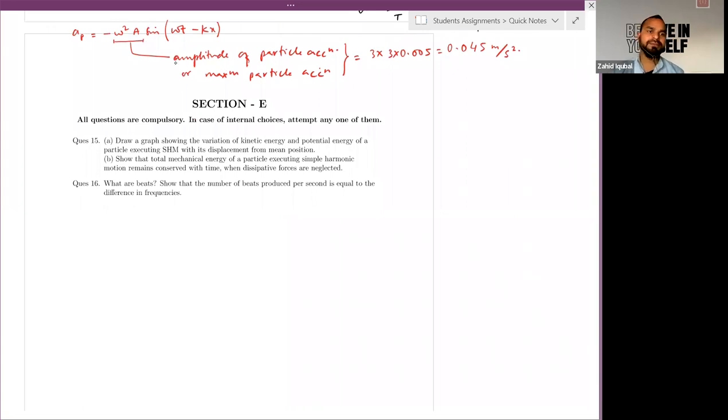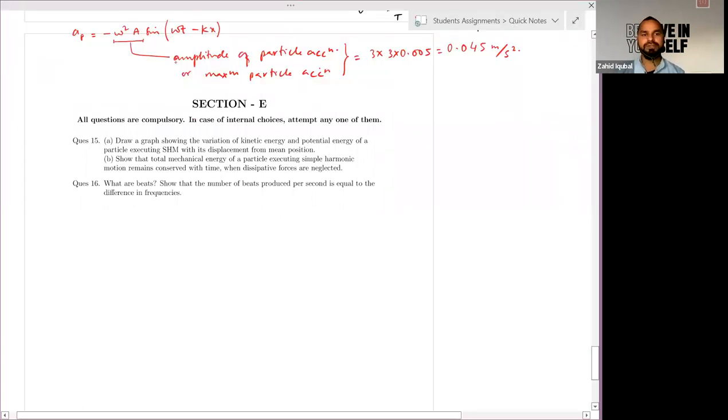First is, draw a graph showing variation of kinetic energy and potential energy of particle executing SHM with its displacement from mean position. According to the expression, potential energy is half m omega square y square. Kinetic energy is half m omega square a square minus y square.